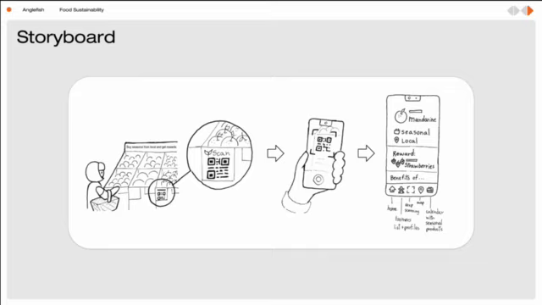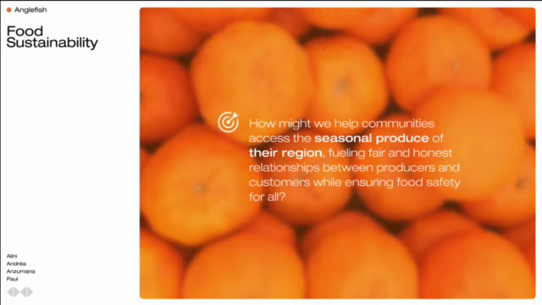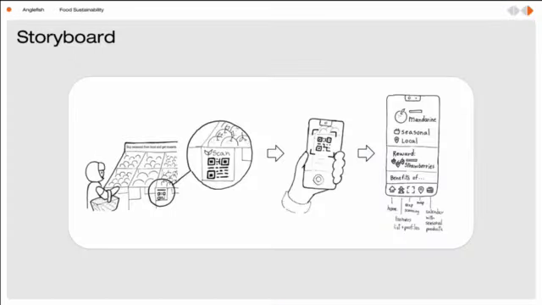This is the solution that we're presenting to the given problem. If we go back, we see: how might we help communities access the seasonal produce of their region, fueling fair and honest relationships between producers and customers while ensuring food safety for all? This is the solution.